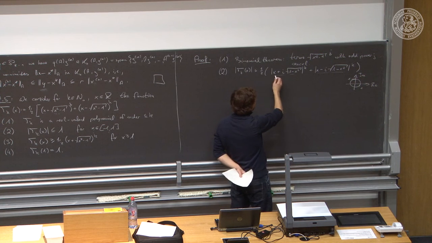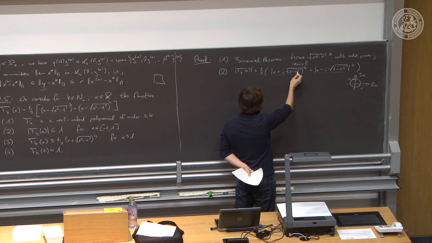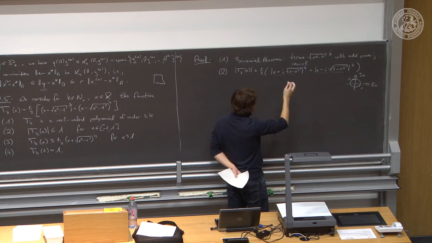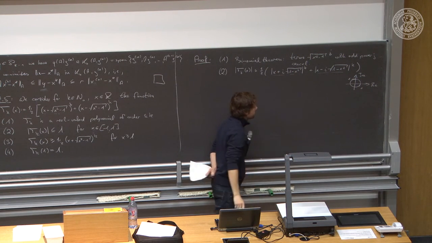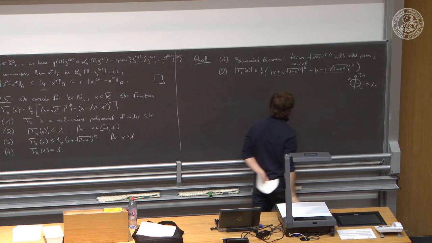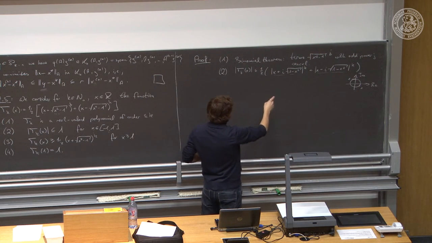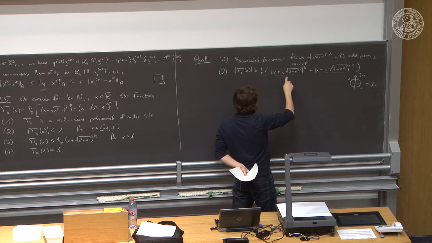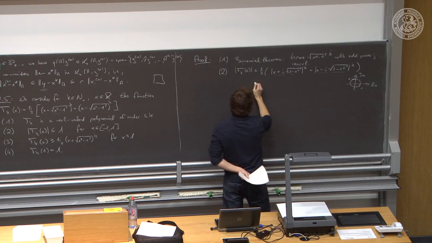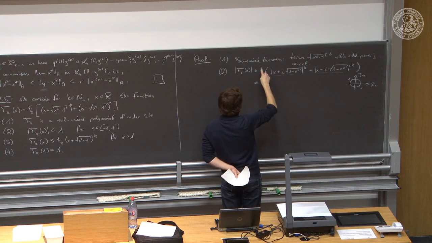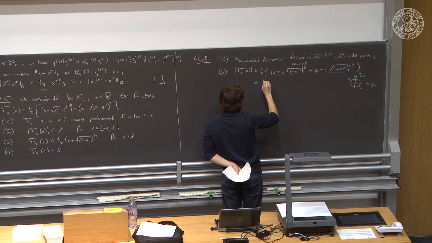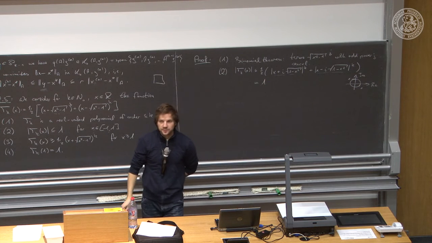Yes, since the square root of 1 minus x squared is somehow the conjugate partner of x for that unit ball. And therefore, the absolute value here is 1, and the absolute value here is 1. We have 2 inside the brackets, 1/2 in front, so this is 1.